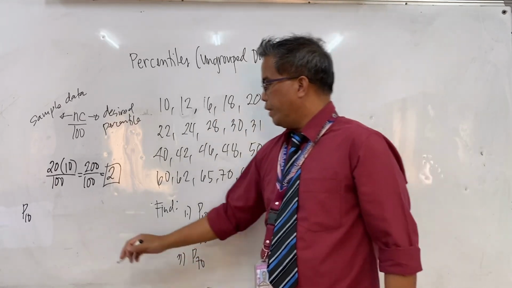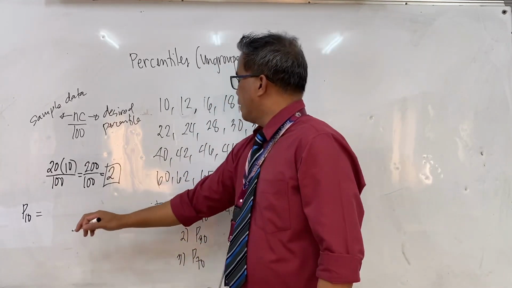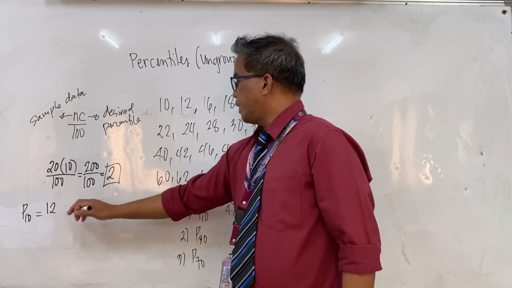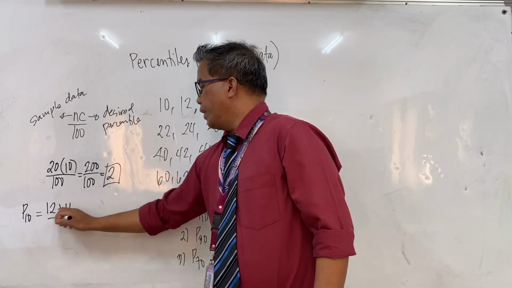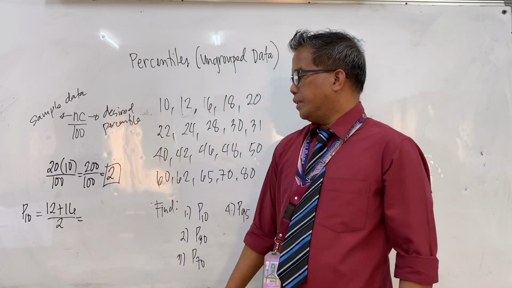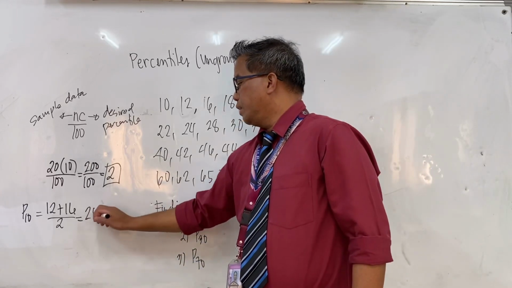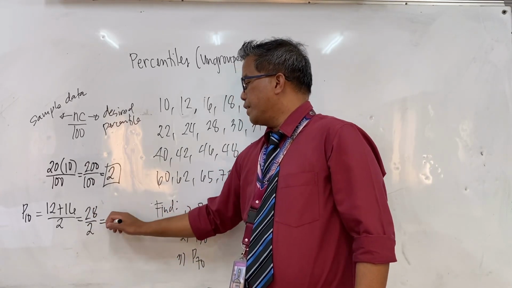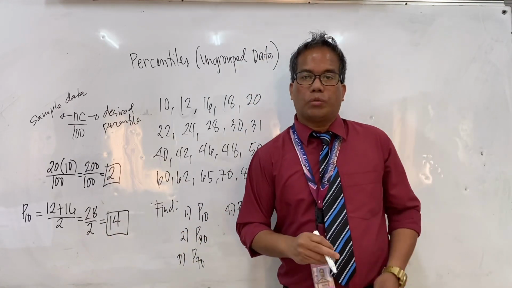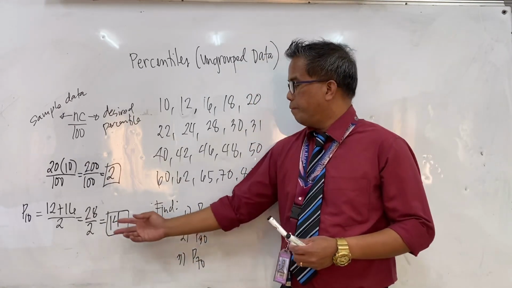So we have P of 10 is equal to 12 plus 16 divided by 2. 12 plus 16 is equal to 28, divided by 2. The answer now is 14. Therefore, P of 10 is equal to 14.